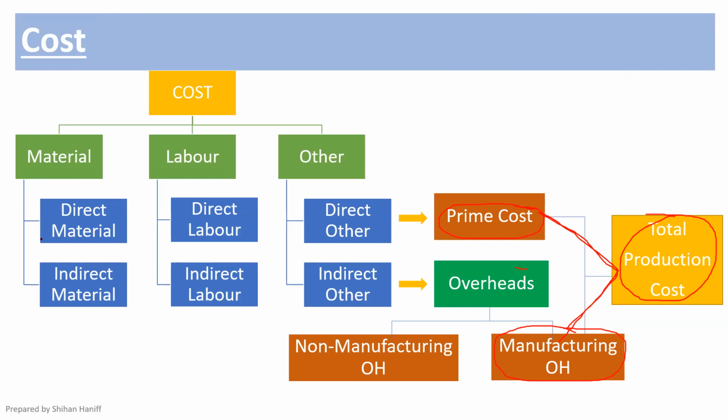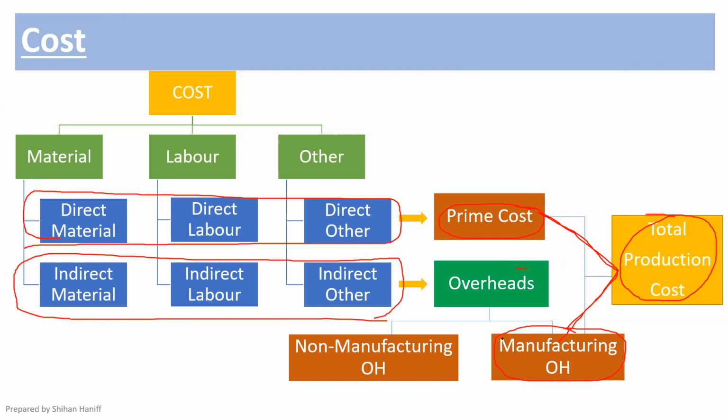So how do you take the prime cost? We take direct material, direct labor, and direct other. And indirect material, indirect labor, indirect other, which is related to the manufacturing or the factory, will be considered in the total production cost. Right? So this is how you calculate the total production cost in manufacturing account.